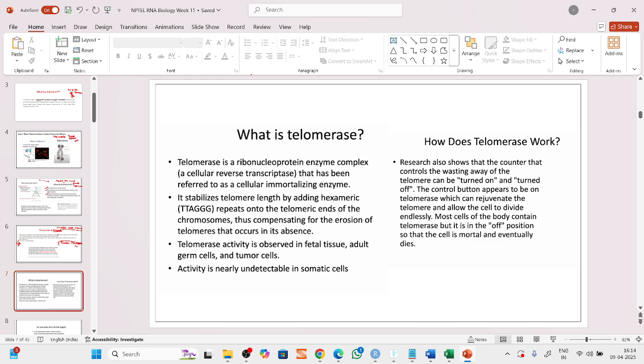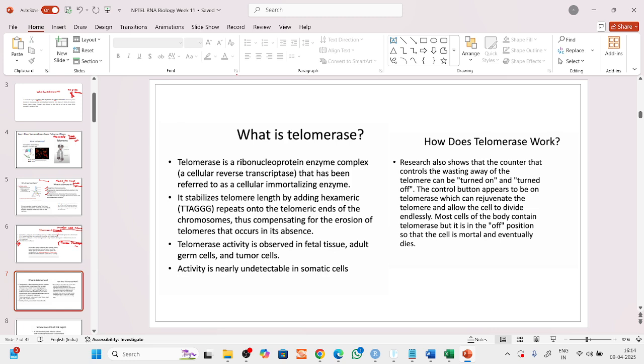Next, what is telomerase? Telomerase is an enzyme. I told you telomerase is a ribonucleoprotein complex that has been referred to as the cellular immortalizing enzyme. Why has it been referred to as the cellular immortalizing enzyme? Because it is making the cell immortal. By adding the telomeres, by replenishing the telomeres, it is not allowing the cell to die.